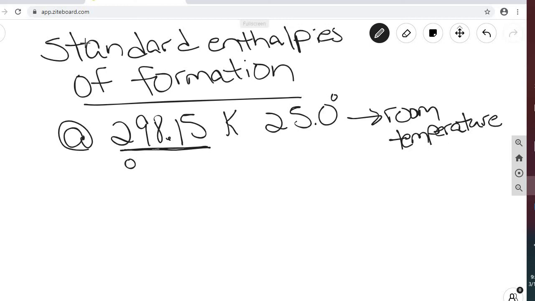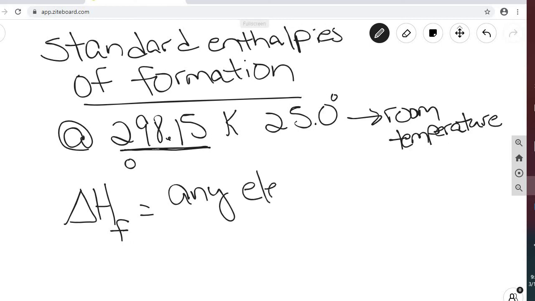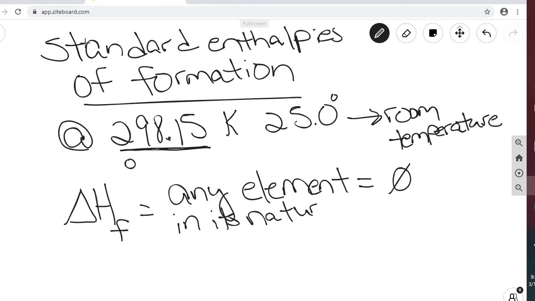The other thing is the way we signify delta H of formation: we write delta H with a little subscript of the letter F. This is delta H of formation, and the delta H of formation for any element in its natural phase is 0.